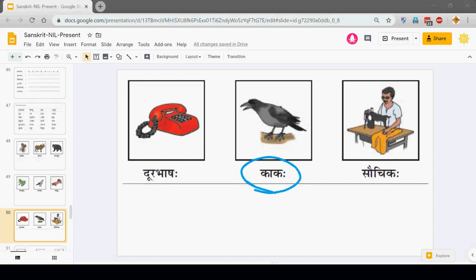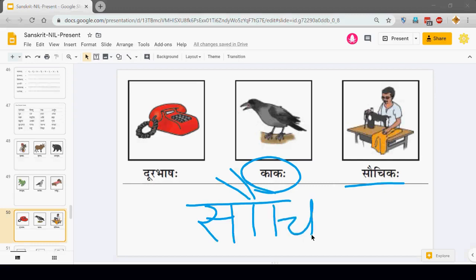Okay, next one you should be able to do it. This is simple. Kakaha. Yes, kakaha. Okay, next one. Sujakaha. Yes, you are almost there. So this one is sa, but when you write two lines like this, it is sau. Then this one is Sauchikaha.